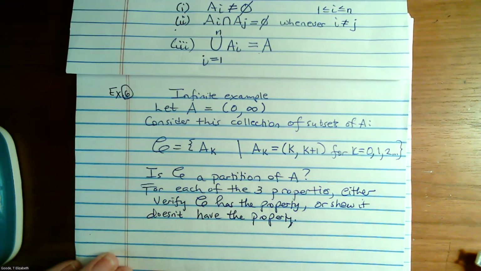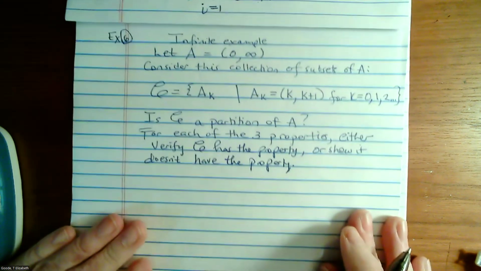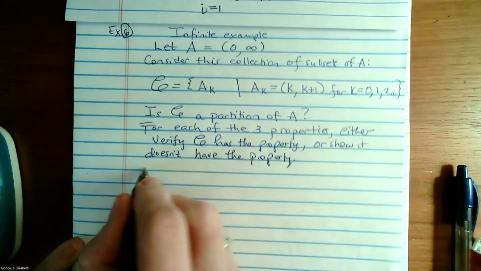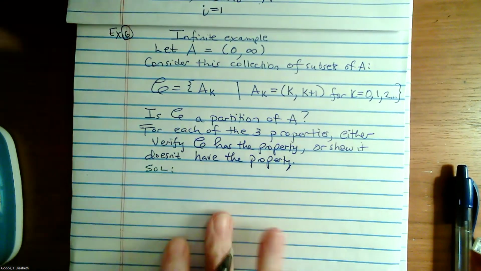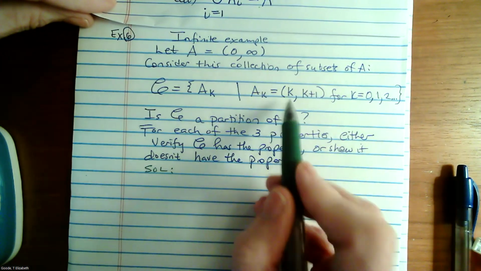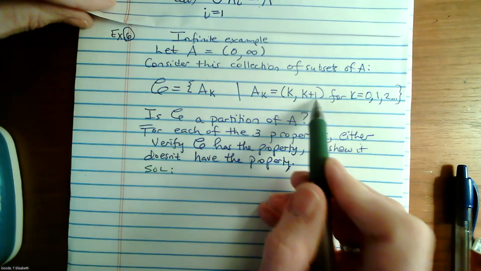All right. So let's take a look. So our A is from 0 to infinity, and A sub k looks like k to k plus 1.